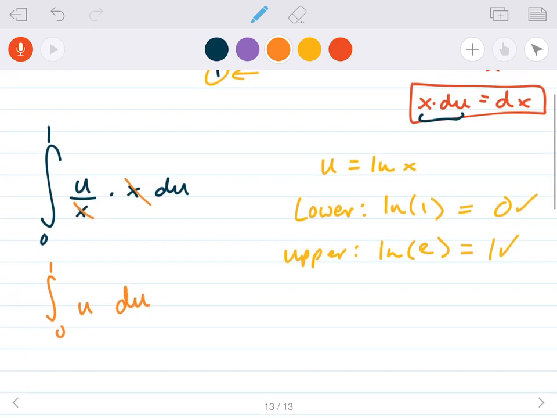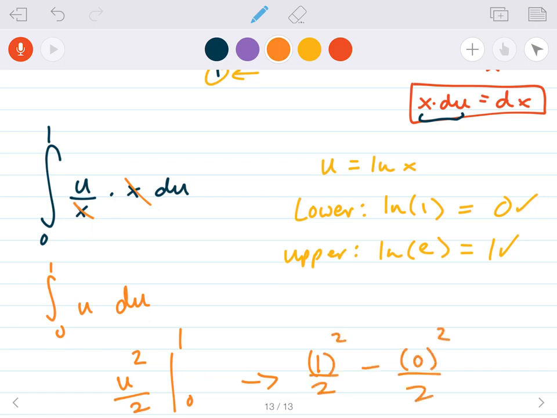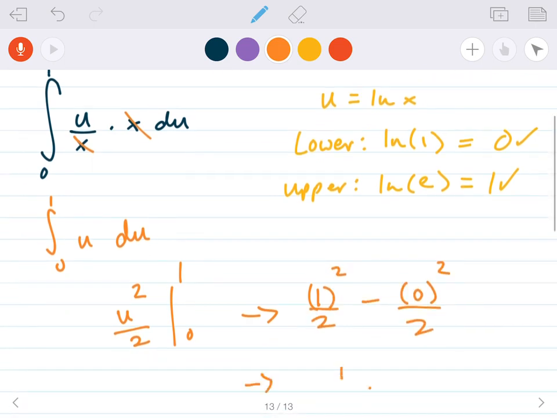So what does this turn into? Well, this is just going to be u squared over 2 from 0 to 1. And by the fundamental theorem of calculus, I plug in 1 for u minus plug in 0 for u, and I end up getting a final answer of 1 over 2.